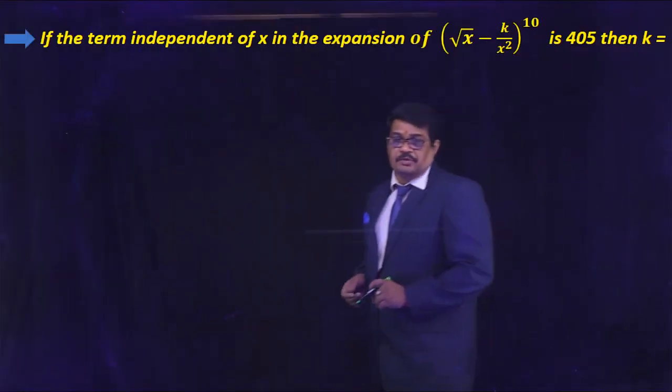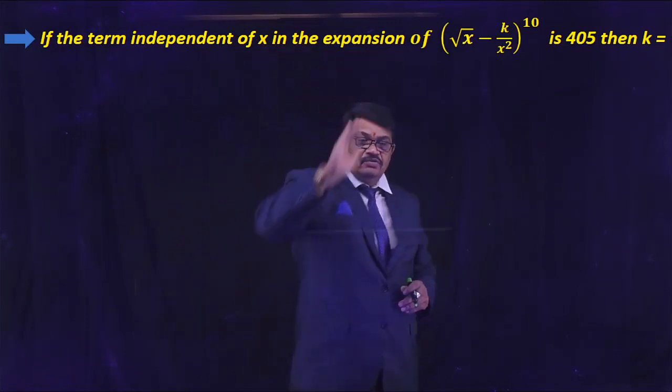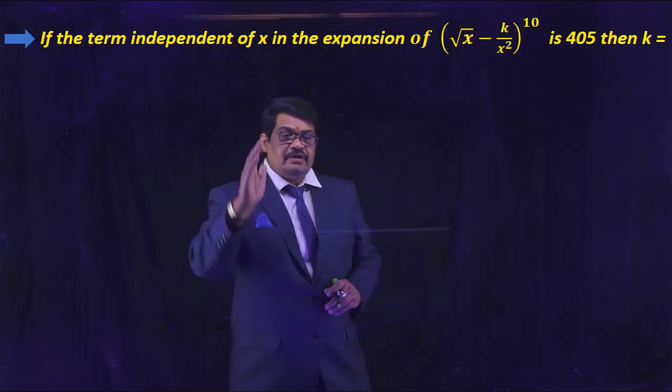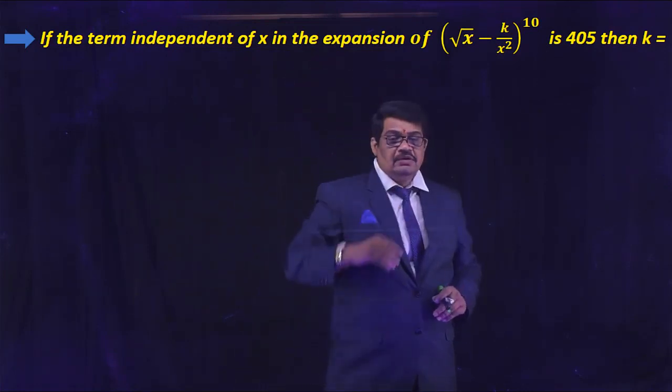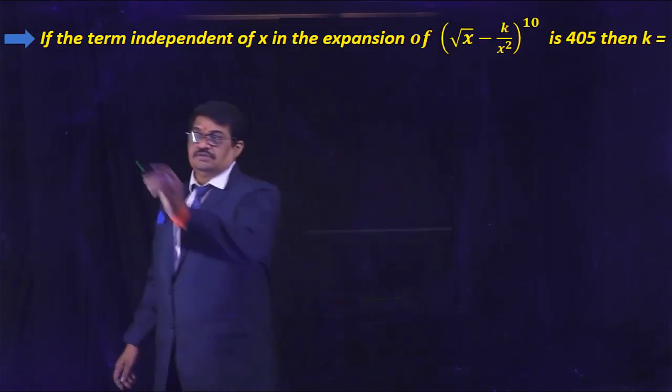See another problem. If the term independent of x in the expansion of (√x − k/x²)^10 is 405, then the value of k is? Okay, see the solution.